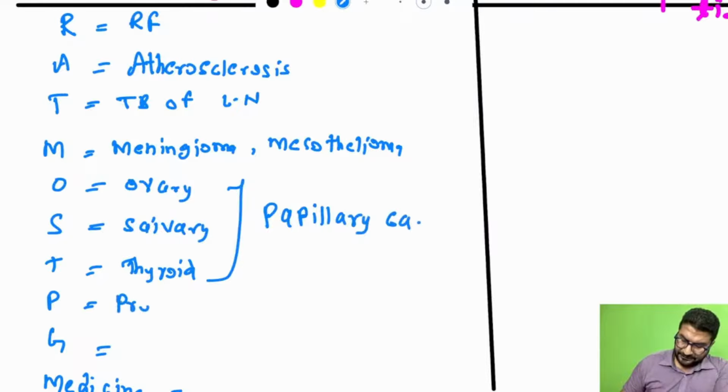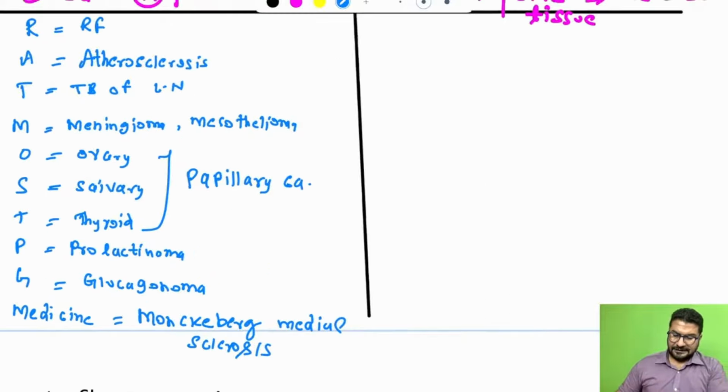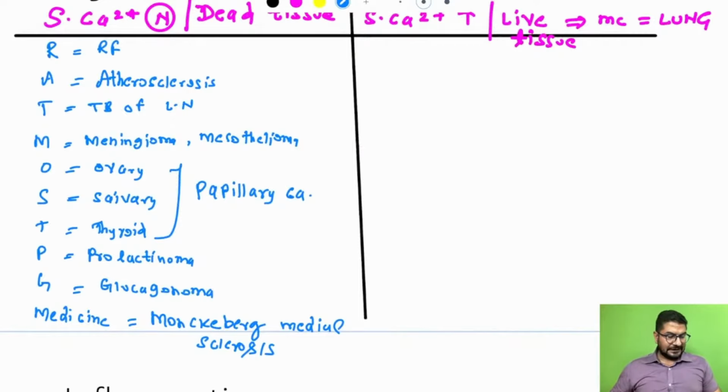P for prolactinoma, G for glucagonoma, and M is a rare condition called Monckeberg medial sclerosis. So these are the examples, ध्यान से देखो, these are the examples of dystrophic calcification.